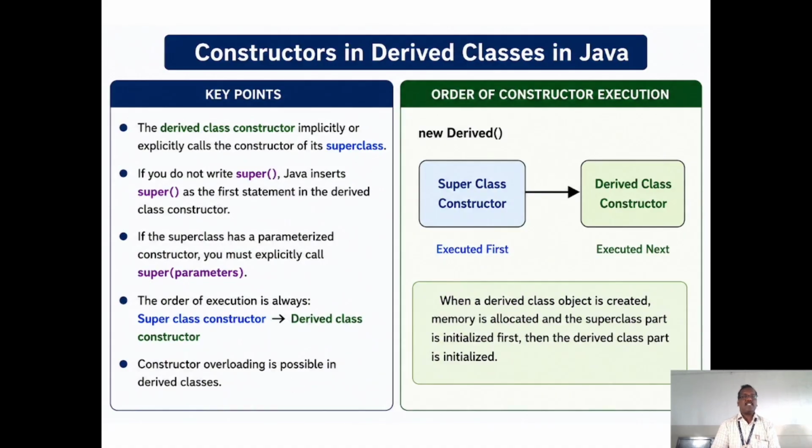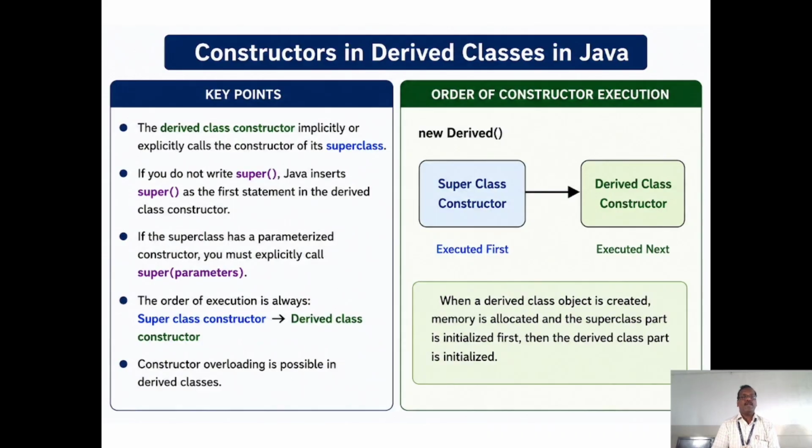If the superclass has a parameterized constructor, then we must explicitly call the base class constructor using the keyword super, along with the parameters used in the base class constructor. This is given in these key points.